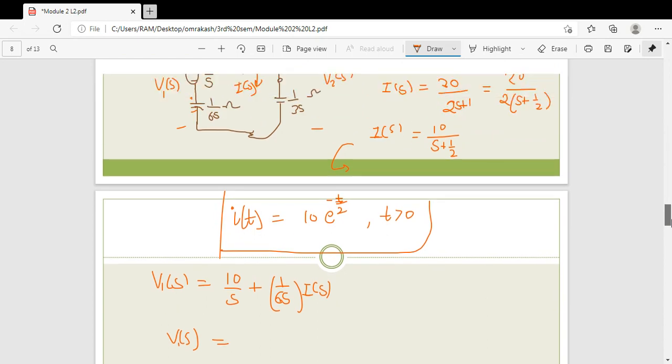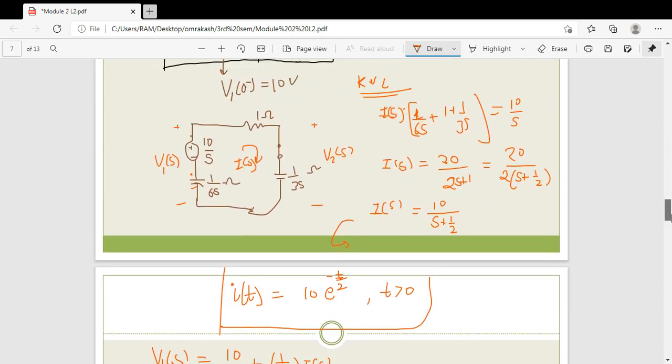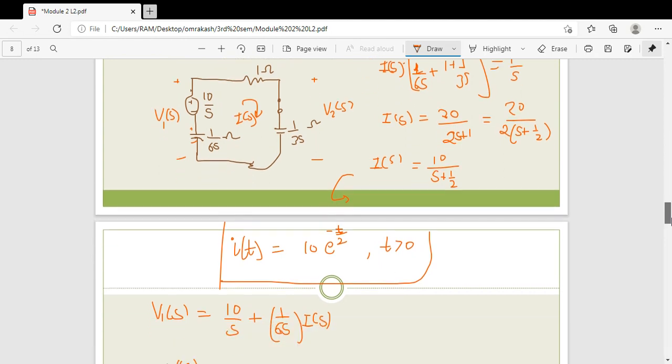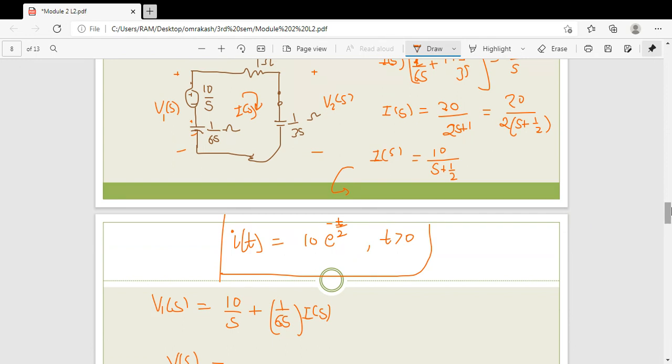Now, friends, cross check this V1 of S, because I have a minus there. But cross check that answer V1 of S. This is a plus and this is a minus, right? So when I apply the KVL here, this is minus of minus V1 of S, and this is a plus I of S. The polarity is changing here, right?